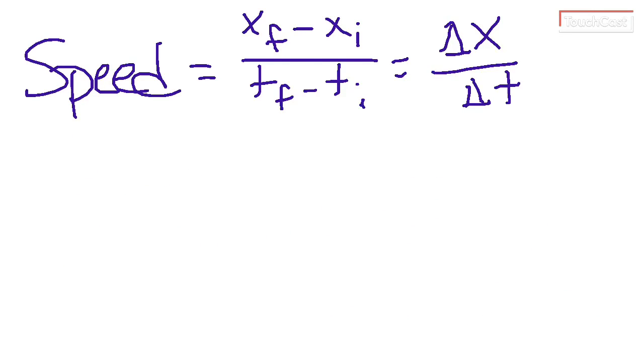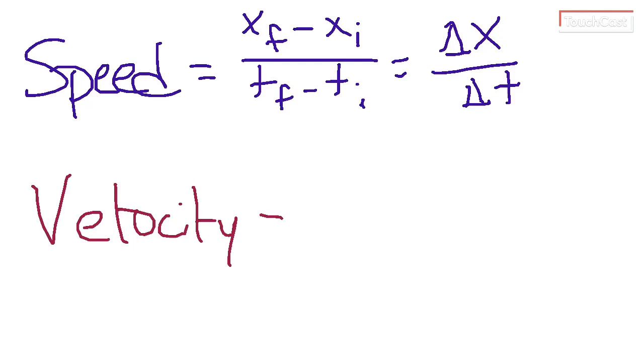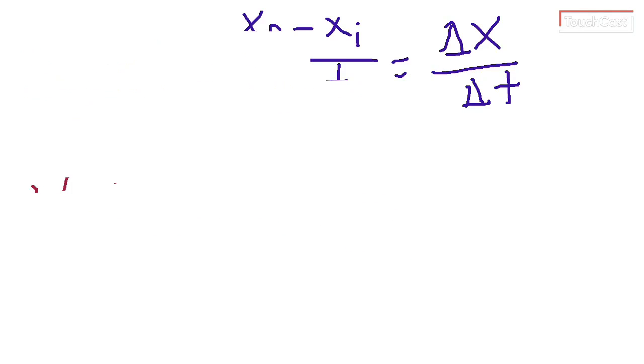And by adding a direction to it, it makes it a vector and therefore more useful to us. And that is why in most scenarios we will be dealing with velocity and not speed, even though the equations may be similar. And so let's move on to a few examples here where we could solve for speed and velocity.